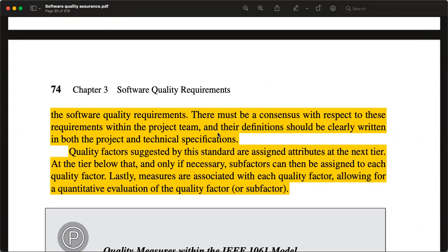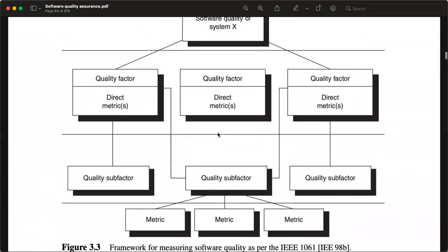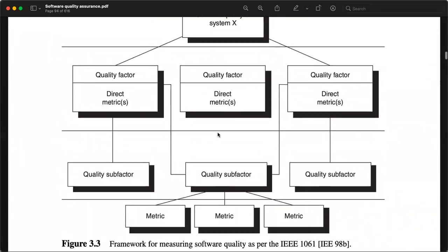Quality factors suggested by this standard are assigned attributes at the next tier, and at the tier below that, only if necessary, subfactors can then be assigned to each quality factor. Measures are associated with the quality factors, allowing for the quantitative evaluation of the quality factor or subfactor. So this is a general layout of the model.